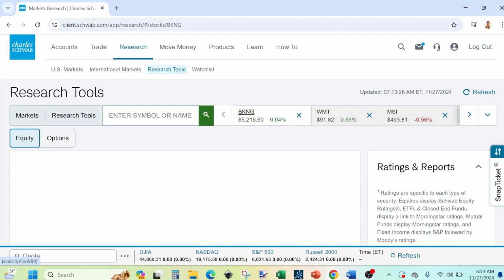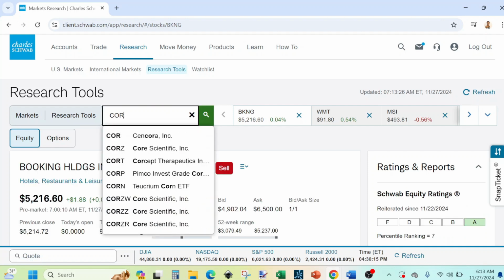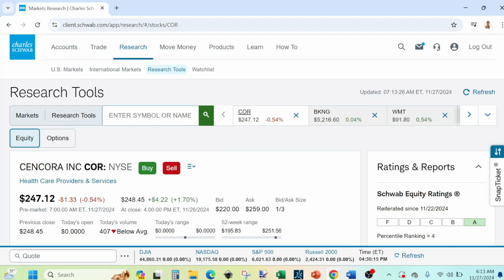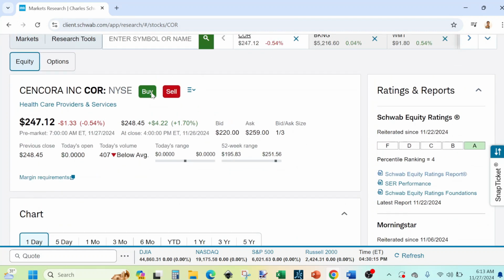So early in the morning I went into the account and placed the order for that stock, but before that I checked the chart for that stock, and I knew that the order didn't go through, and it is COR.